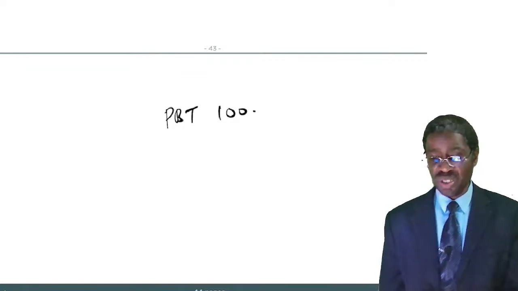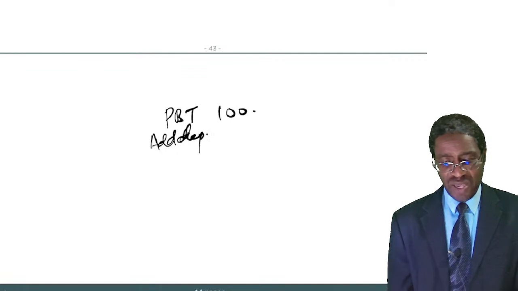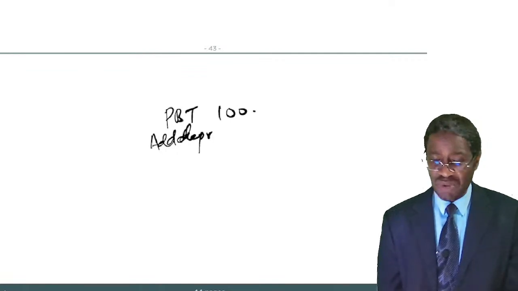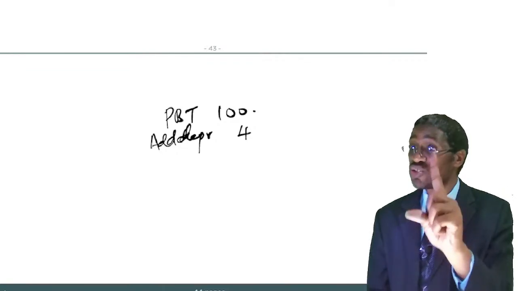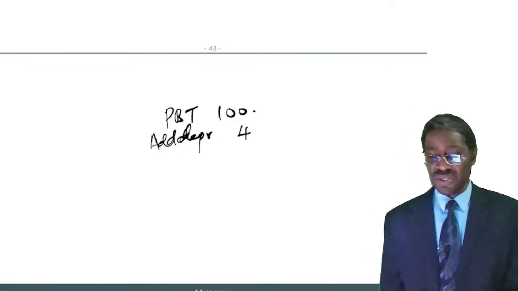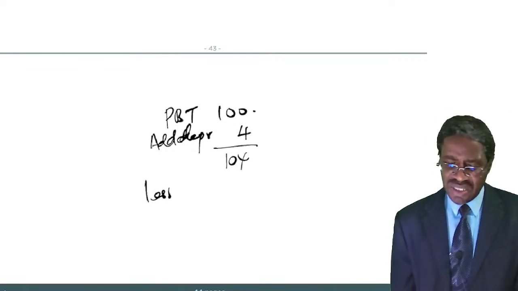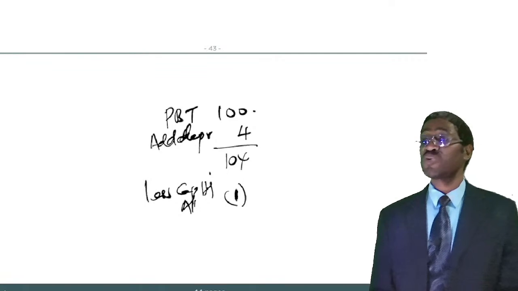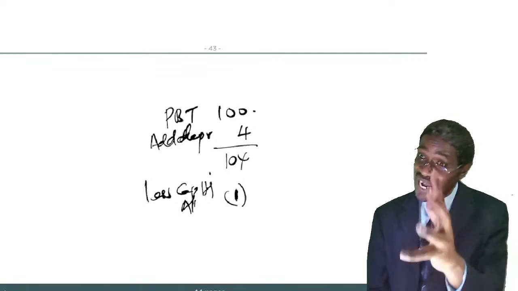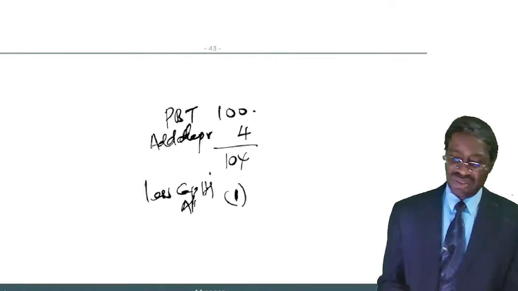What he will do, he will add back your depreciation, which next year you are going to charge how much? 4 million. Both of us are remaining with only 1 more year to go. That is the future. So that means he will get 104. Then in that next year, he will give you a capital allowance of 1 million. That's what we have seen. Now listen.